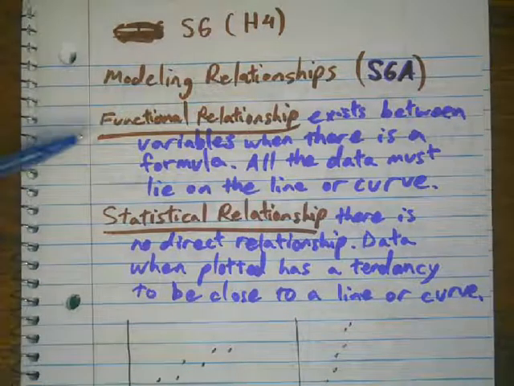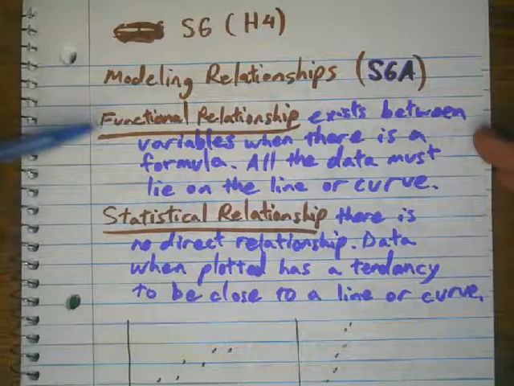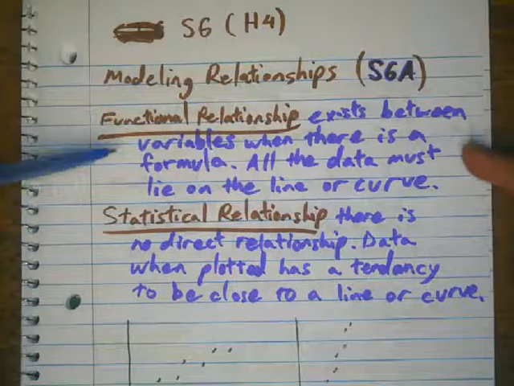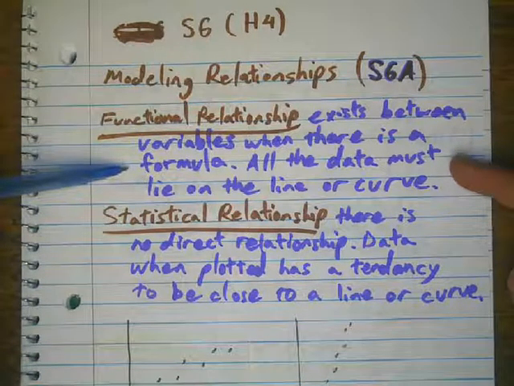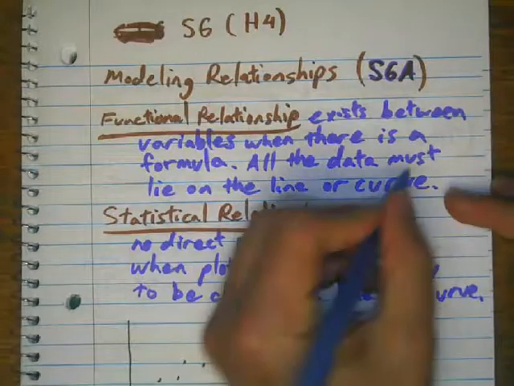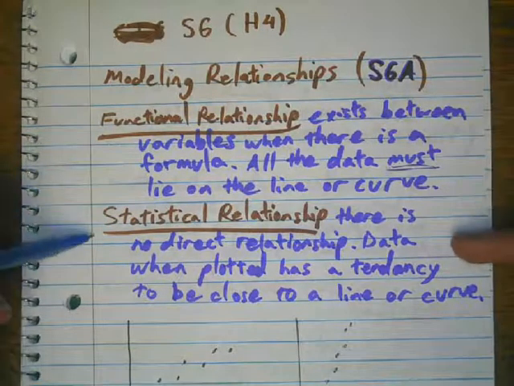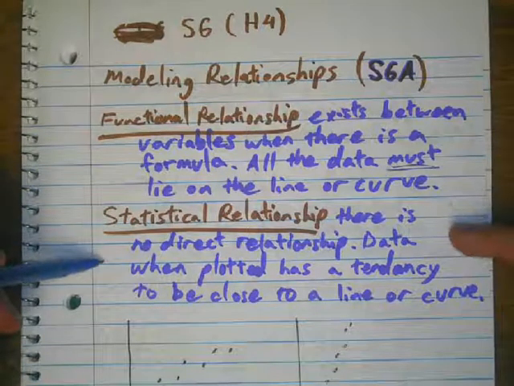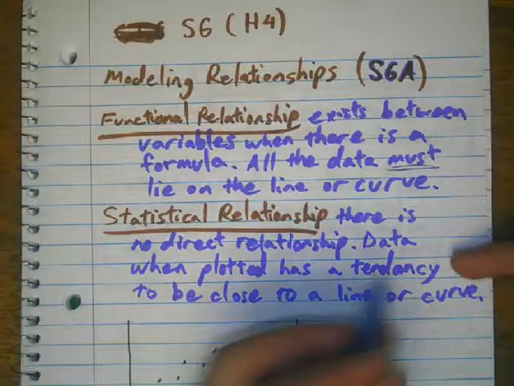So they talk about functional relationships and statistical relationships. Functional relationships exist when there's variables that are used in a formula, and all the data must lie on the line of the curve. Now, statistical relationships are when there's no direct relationship. Data is plotted and has a tendency to be close to a curve.